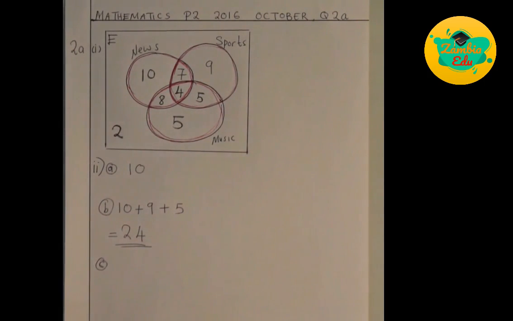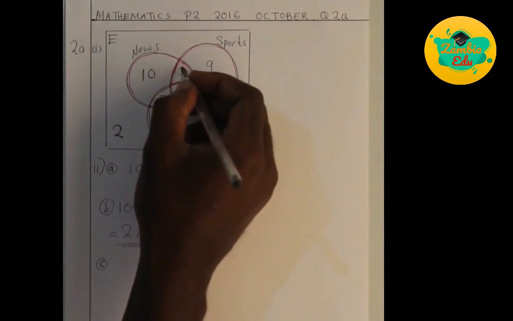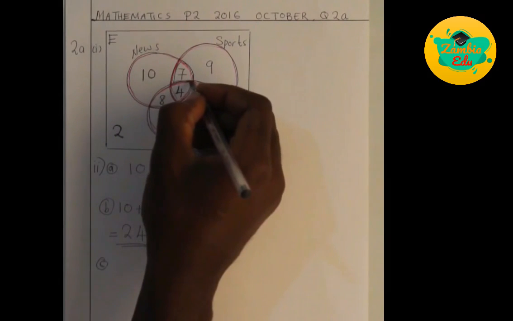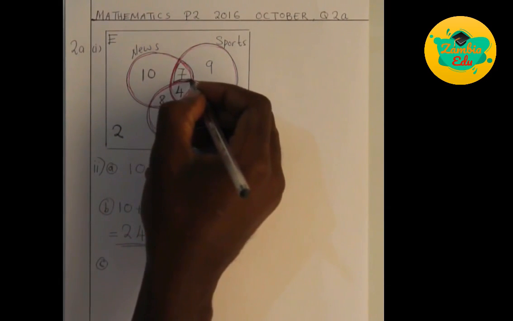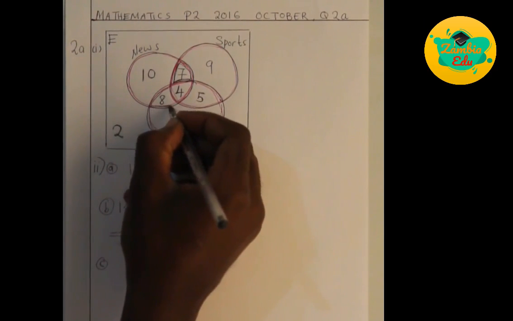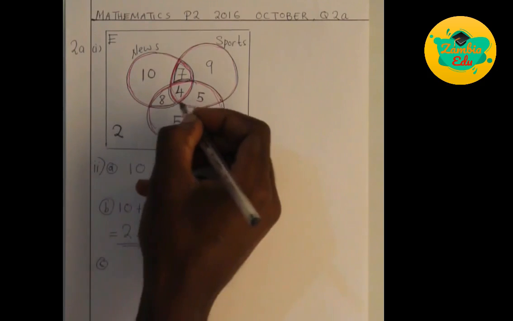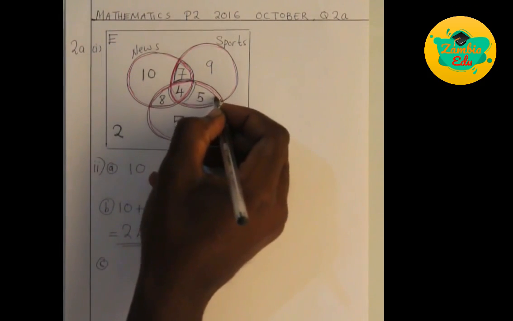For that one, 2 types of programs only, we are going to count these ones that were there, because this is the area which represents the people that listened to 2 programs only. This is the same for this one also, and that one also represents 2 programs only.